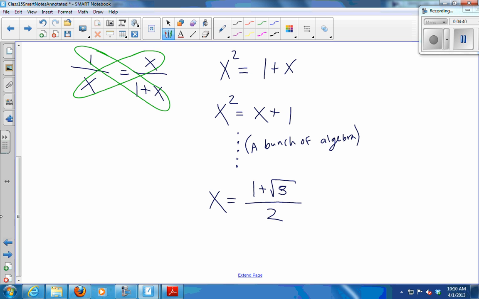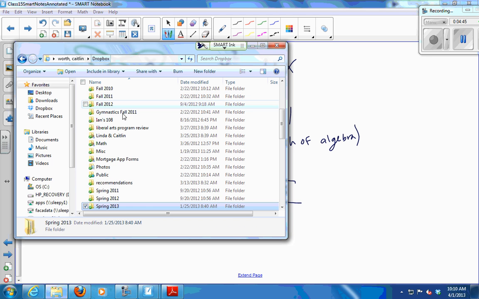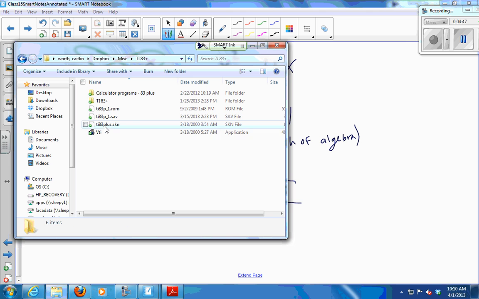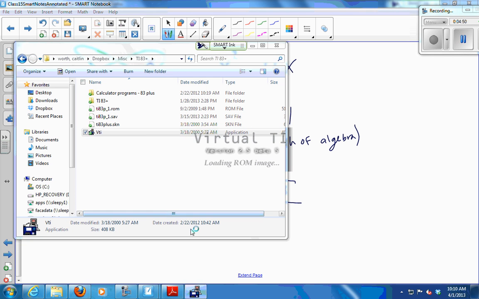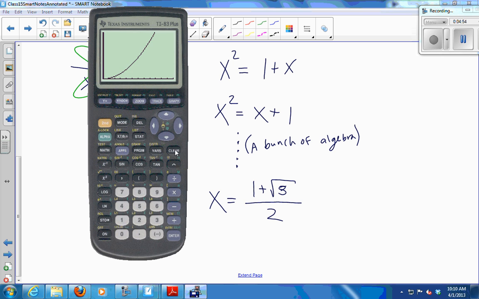So let's see what happens when I just type into my calculator 1 plus the square root of 5 divided by 2, making sure I tell my calculator to do 1 plus the square root of 5 first, right? So I used parentheses in this calculator.